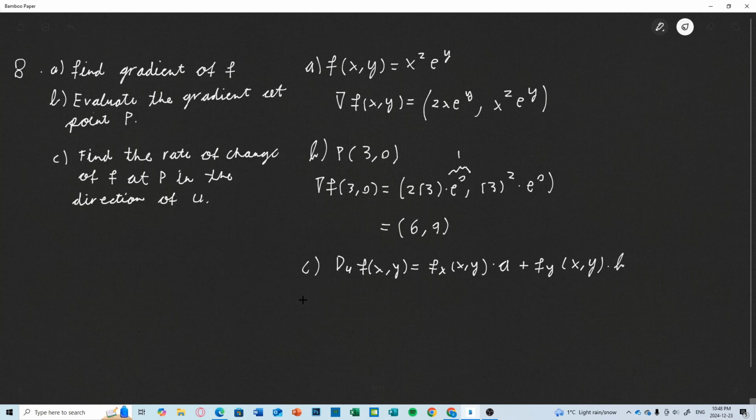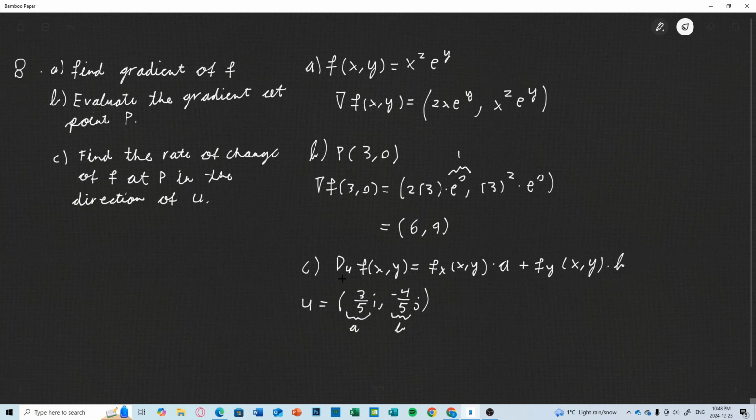So for our part C, we have u equal to 3 over 5 i and negative 4 over 5 j. What our a and b mean in this question is whatever term is with an i is going to be our a value, and whatever term is our j is going to be our b value. And if we had a k value, it would be our c.